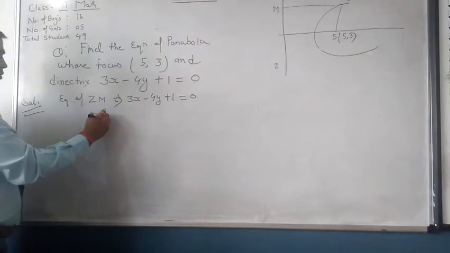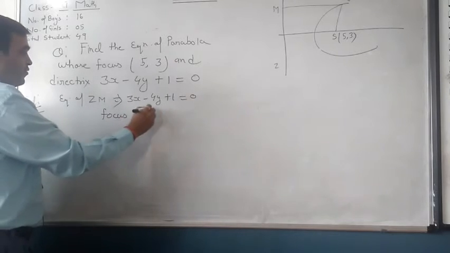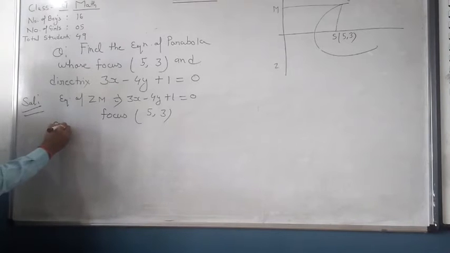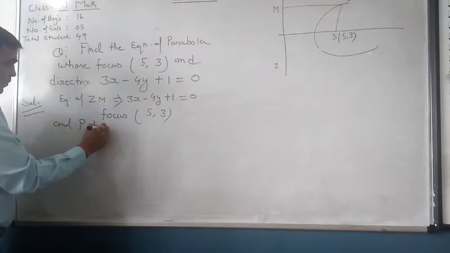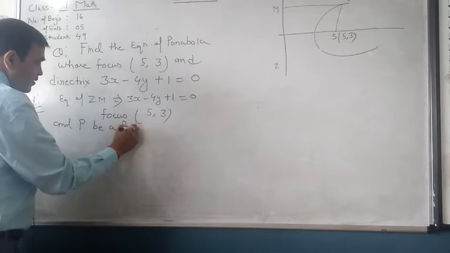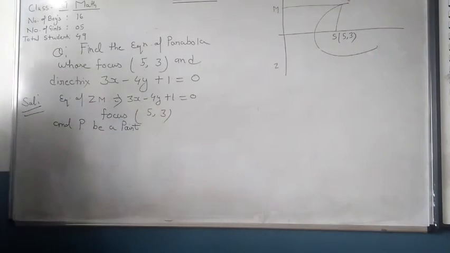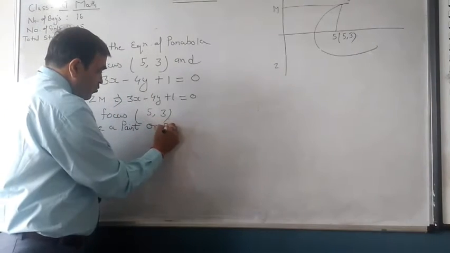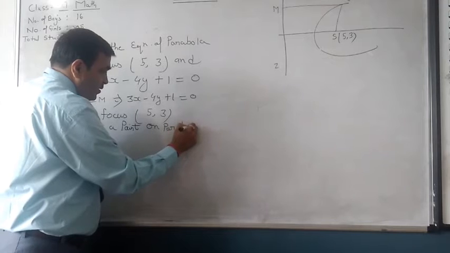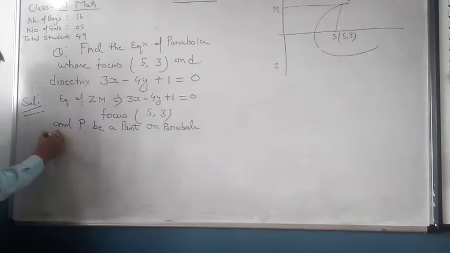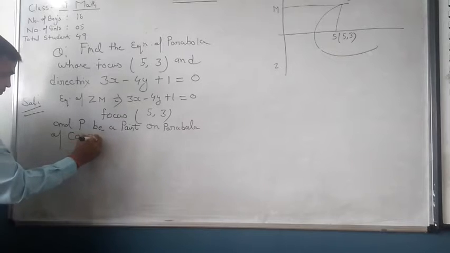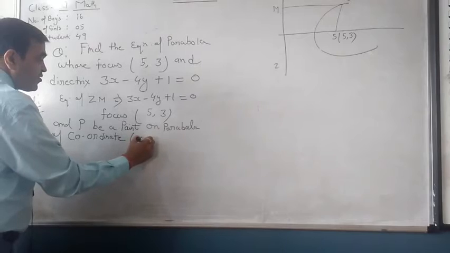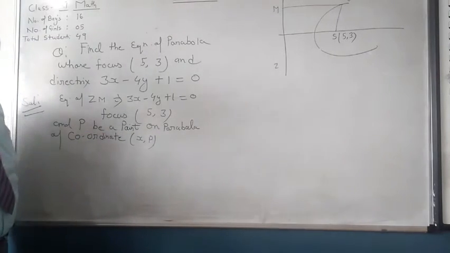The focus (5, 3) is given, and P is a point on the parabola with coordinates (x, y).